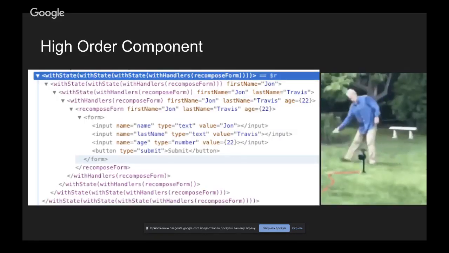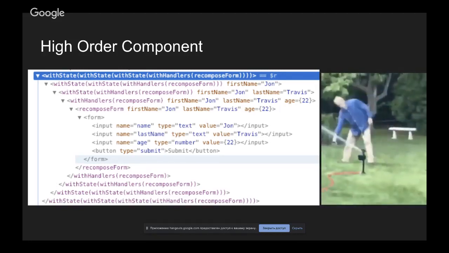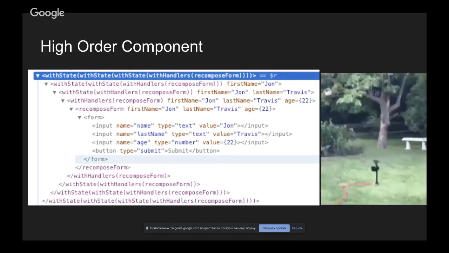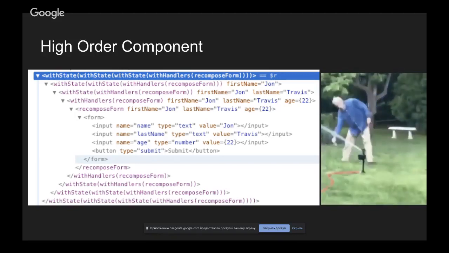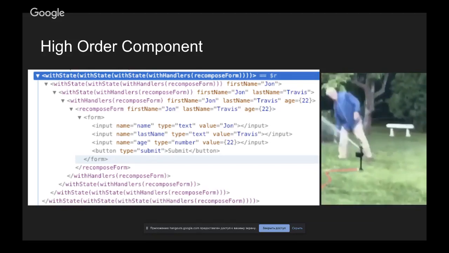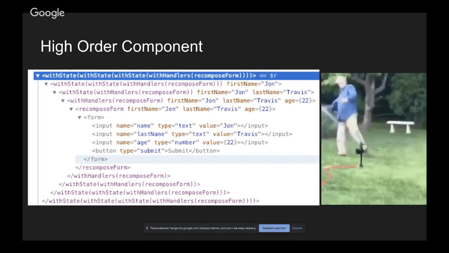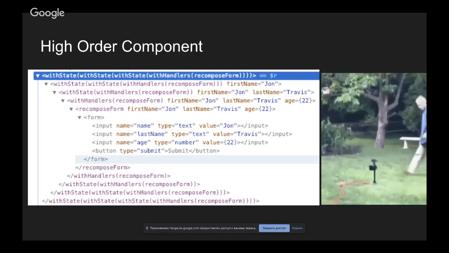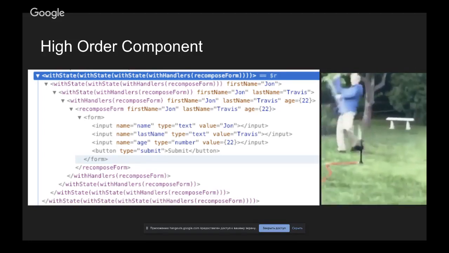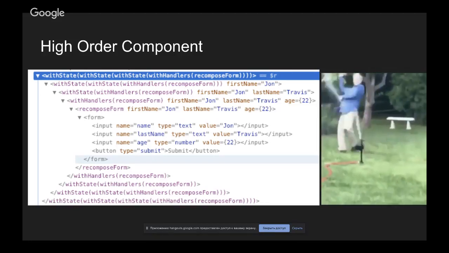Today we can use higher order components for it, but in a big application we can have wrapper hell. On the screen we can see not a big wrapper hell, but it can be much bigger. I spoke about it in another Lightning talk.